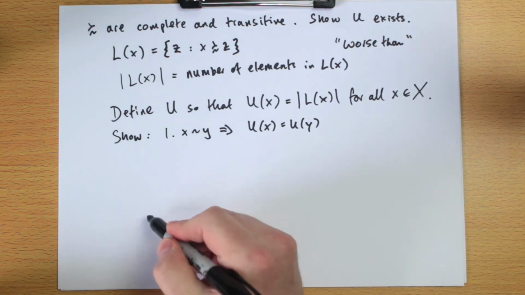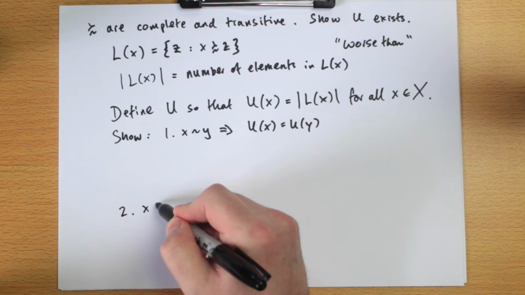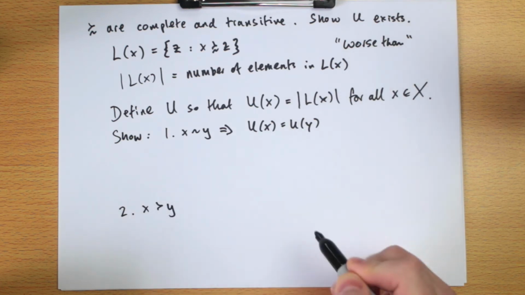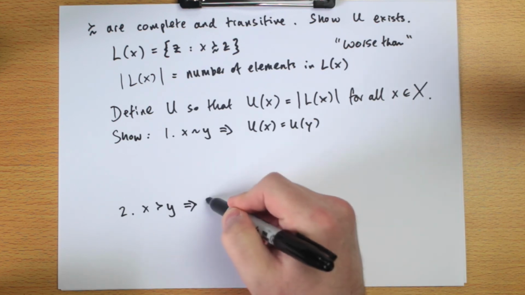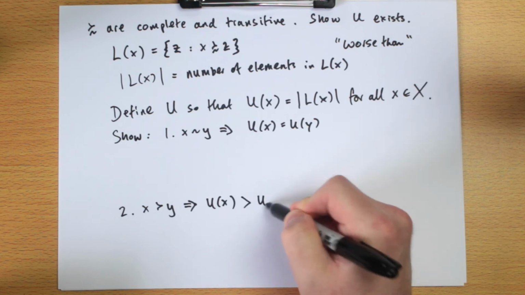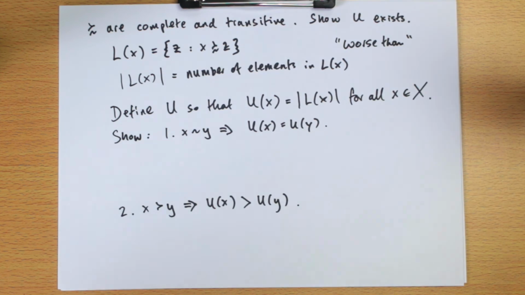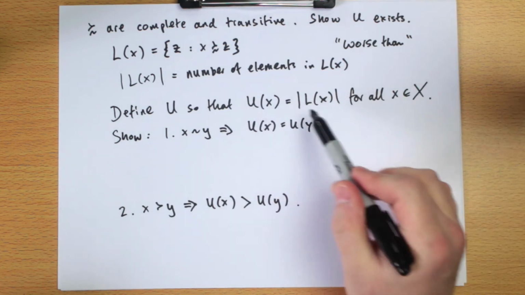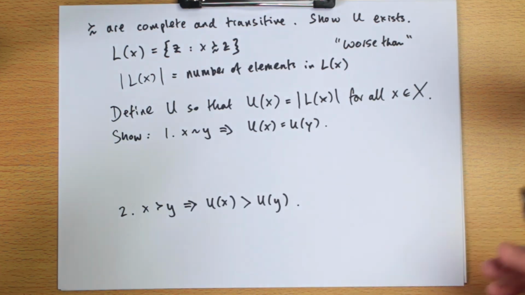And the second thing we want to show is that if our decision maker strictly prefers x to y, this is true only if the number that we assign to x, u of x, is greater than the number that we assign to y, u of y. If we can prove that according to this definition these two statements follow, then we've completed the proof of our utility representation theorem.